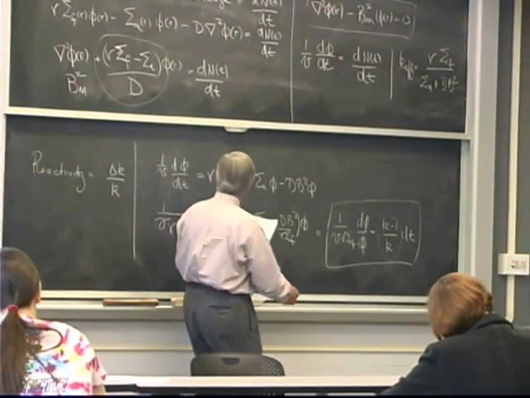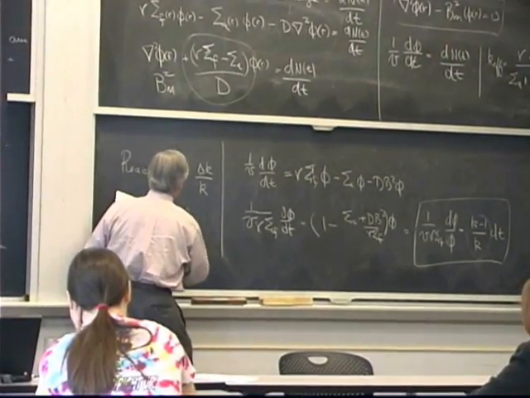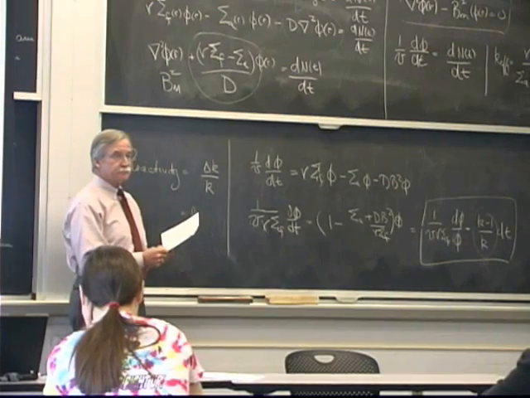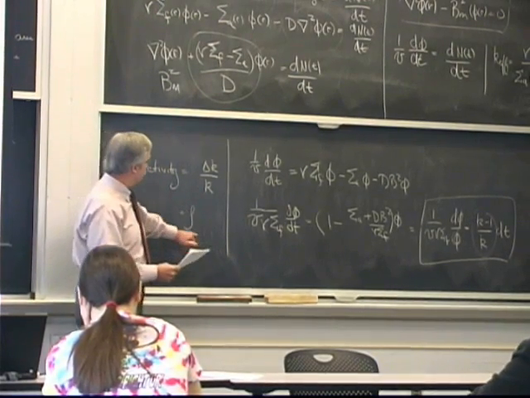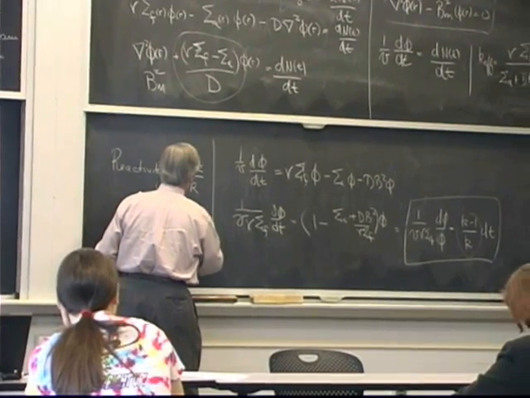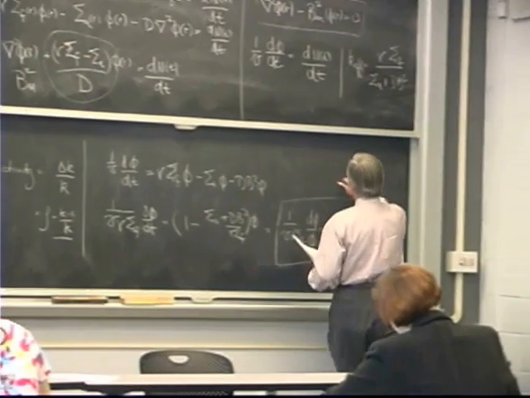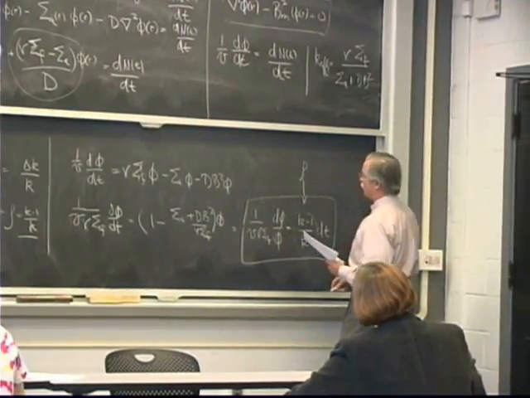And this term here equals the reactivity term rho. Delta K over K, which is the K minus 1 over K. And we've got that here, where this is now rho.